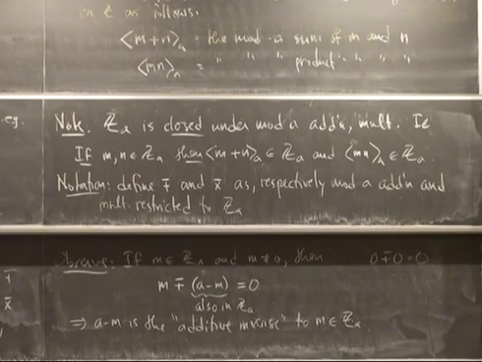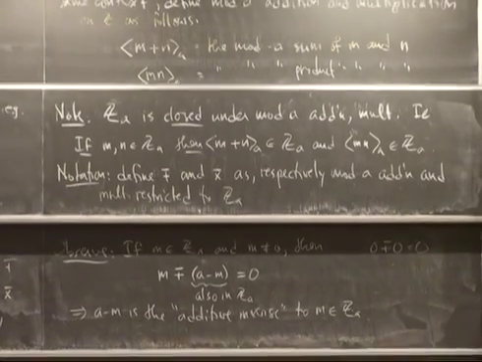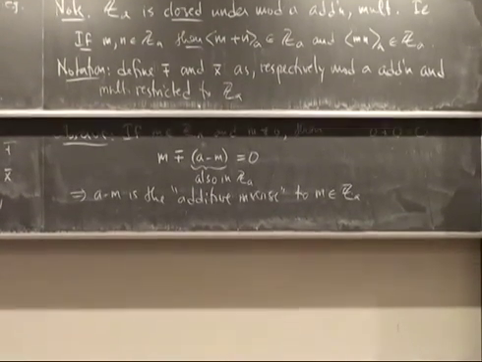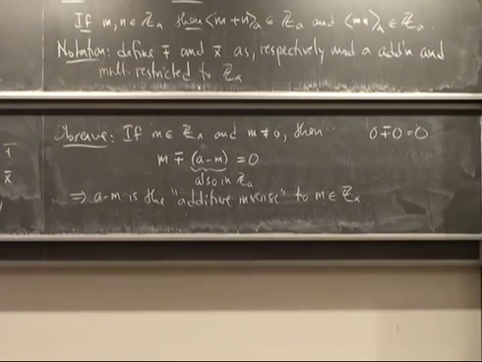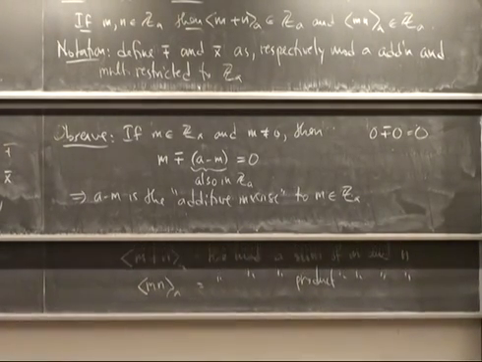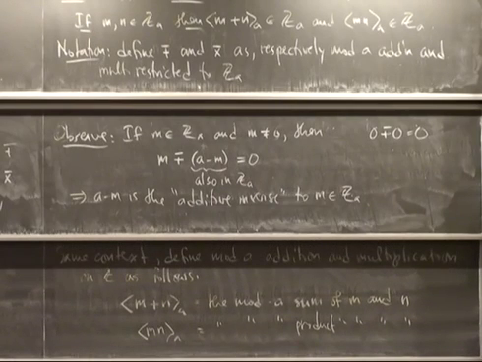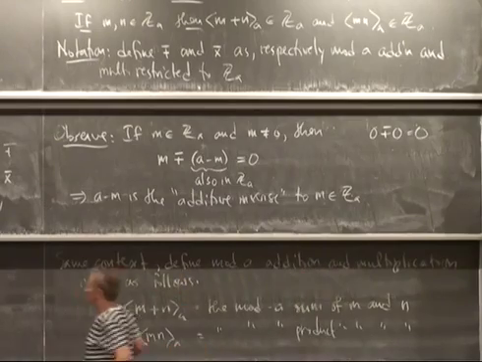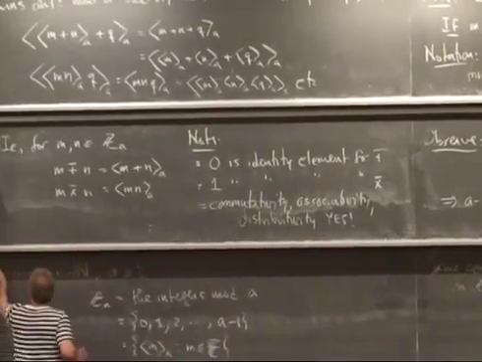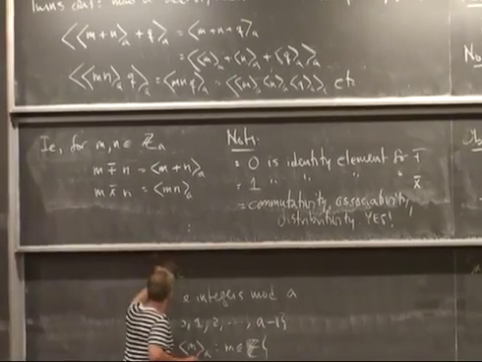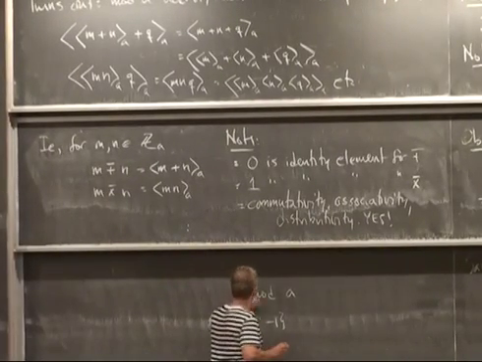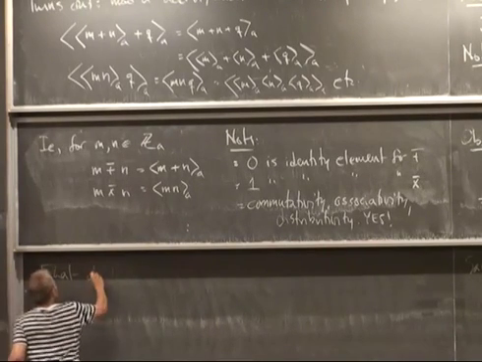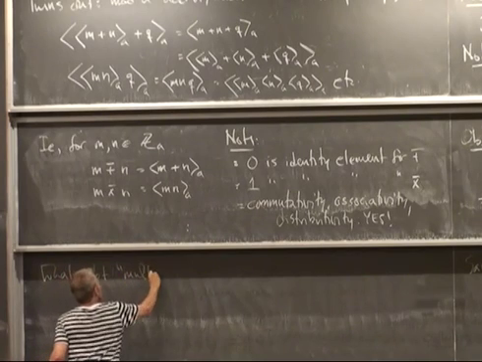There are cases where you don't have multiplicative inverses for every non-zero thing. And let me give you an example. So let's first pose the question: what about quote-unquote multiplicative inverses?